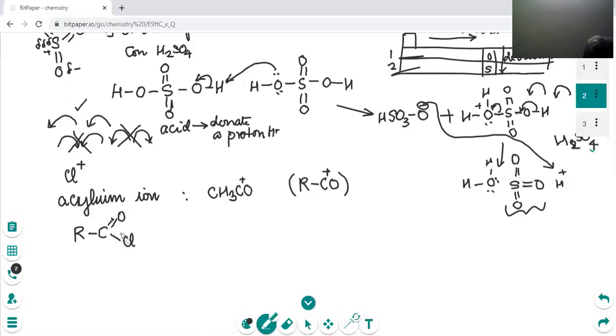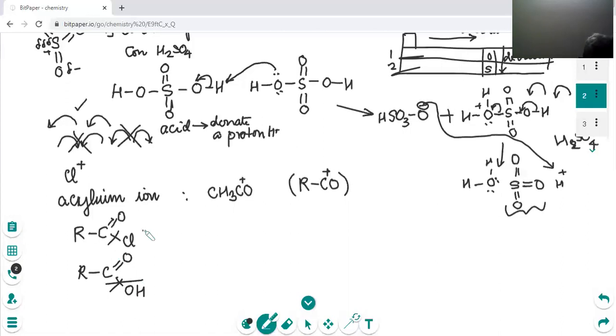You can break easily this bond, but you cannot form this from RC double bond OH. You cannot break this bond so easily as you can break this bond. That's the reason why CH3CO, you can prepare only from RCOCl, not from carboxylic acid.